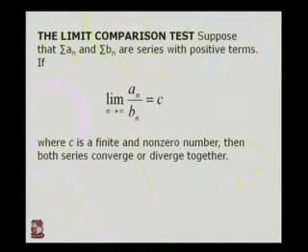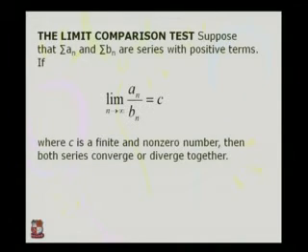This statement is very important. If the limit is finite and non-zero, then both series sigma an and sigma bn converge or diverge together.